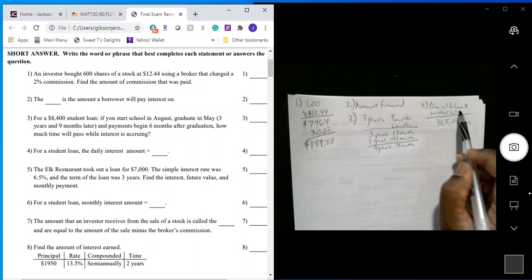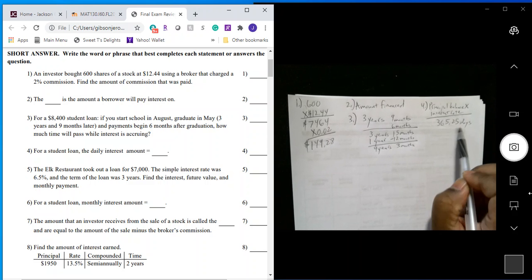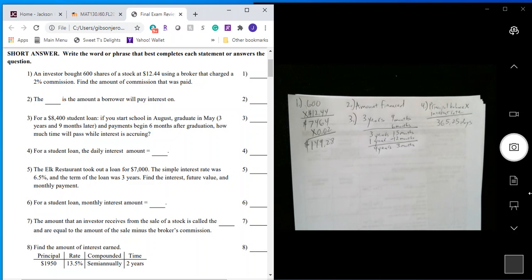I should have given myself more room. So it's the principal balance times the interest rate, all divided by 365.25 days.